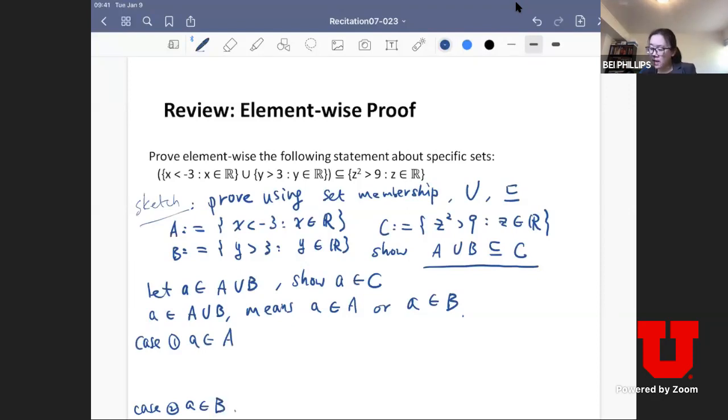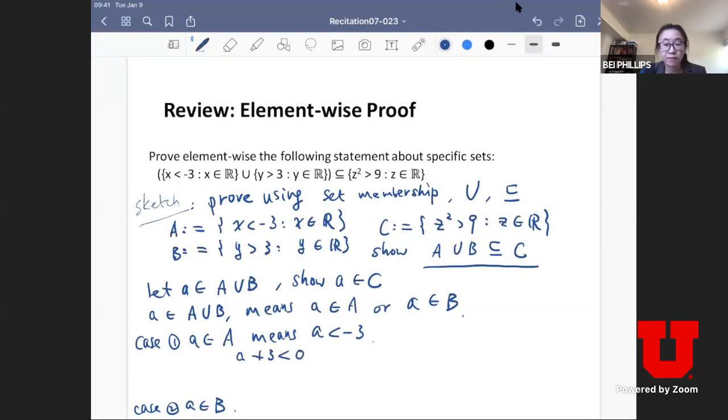So when a is in A, this means that by definition of the set, a is smaller than -3. Now if I add 3 to both sides, we have a plus 3 is smaller than 0.